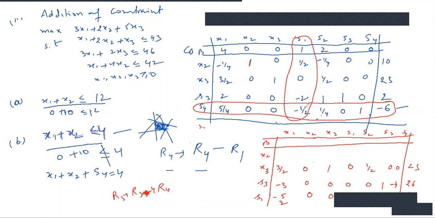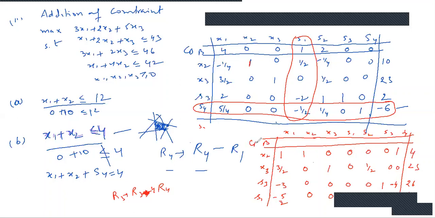And for the first row, you simply add, because here it is minus 1 by 2, you add, and it will get 0 here. So minus 1 by 4 plus 5 by 4 is 1, 1, 0, 0, 0, 0, 1, 10 minus 6 is 4.